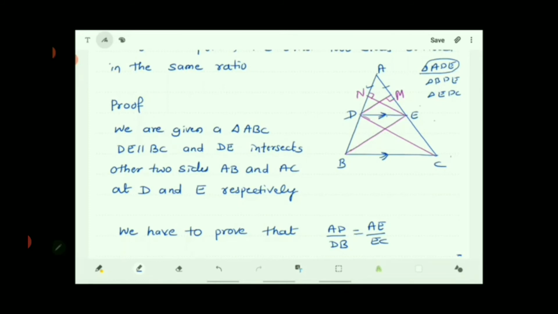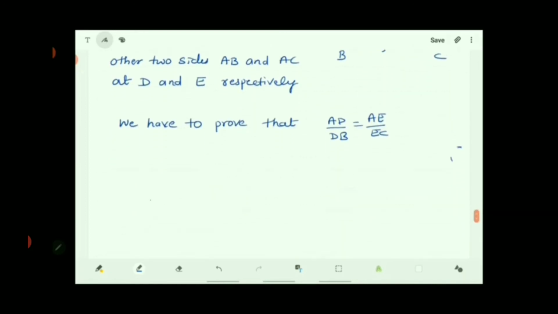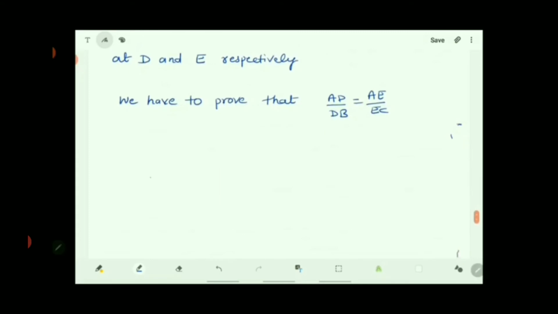Therefore, let us write the formula for the area of the triangle ADE by taking both the bases. Area of triangle ADE is equal to half into base into height. That is equal to half into AD into EN.